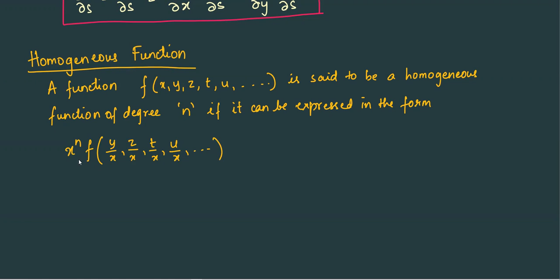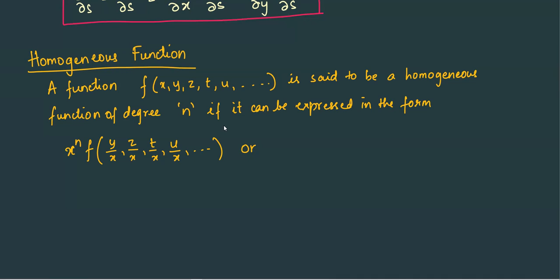That means if we can take x common and make all other variables fractions of x, then it is said to be a homogeneous function. And if x power n term comes out, it is a homogeneous function of degree n.